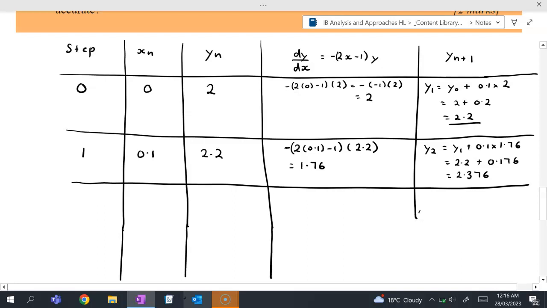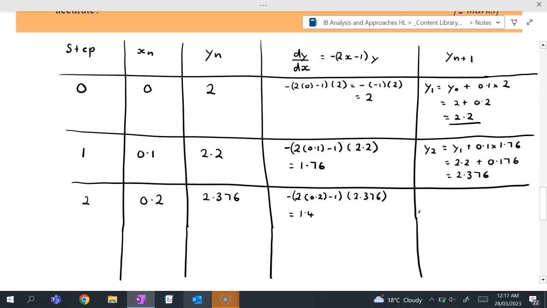Okay, second step. Now I'm at 0.2. yn is 2.376, so the value of the derivative is minus 2 times 0.2 take 1 times 2.376, and this gives us a value of 1.4256.